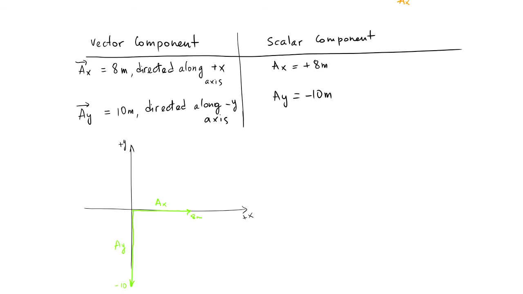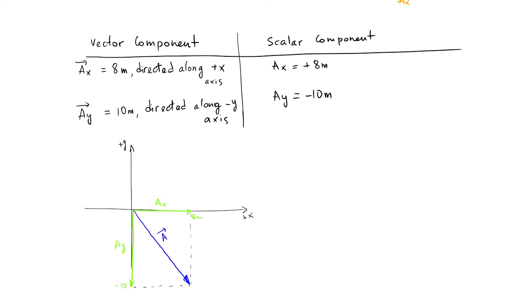So the best thing to do is make a parallelogram. Sometimes it's known as the parallelogram method, and the diagonal of this parallelogram would be your vector a right here.